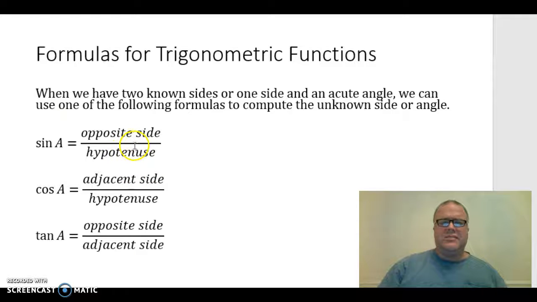So the sine is the opposite side over the hypotenuse, the cosine is the adjacent side over the hypotenuse, and the tangent is the opposite side over the adjacent side. And if you remember, we talked about SOHCAHTOA, S-O-H-C-A-H-T-O-A.